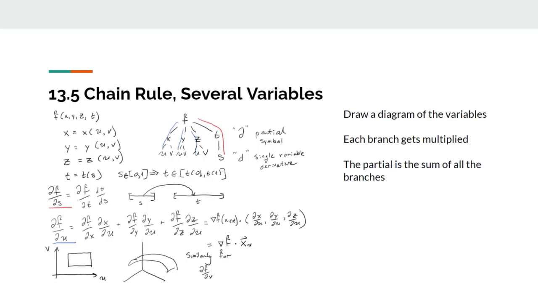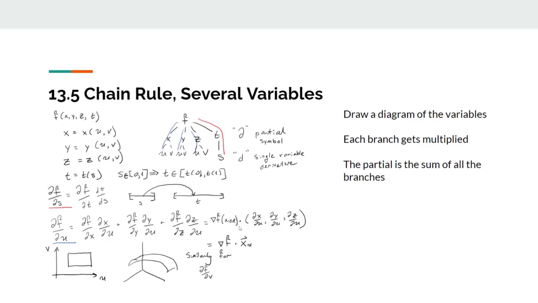And then for f, partial u, for instance, we would take the partial f with respect to x and then multiply by partial x with respect to u, and then just add up the rest of those, going down each branch.